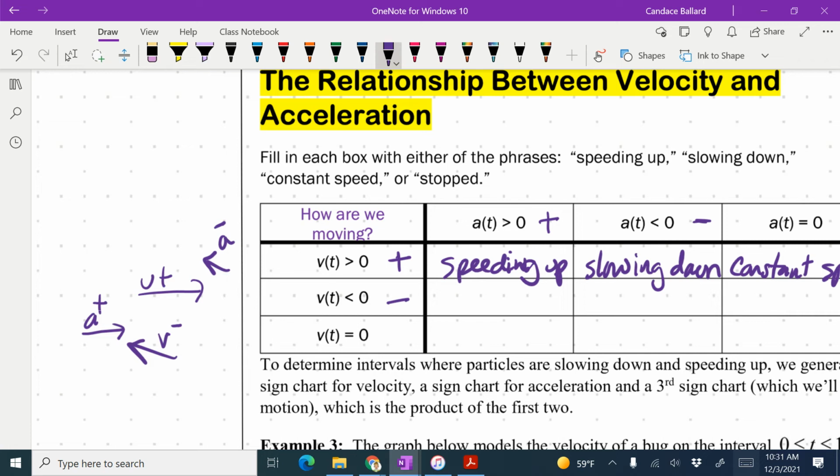Am I going to speed up or slow down? Look at how the arrows are acting on each other. Is one of them dragging the other one along, or are they pushing at each other? They're pushing at each other. When we're pushing at each other, that means there's some resistance there, right? So that's going to make me slow down.